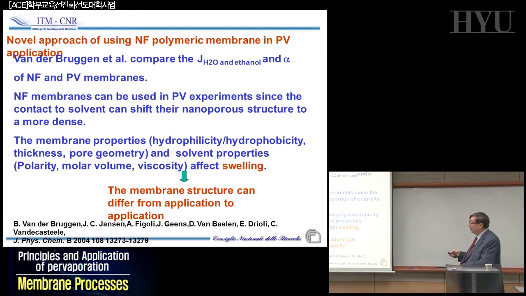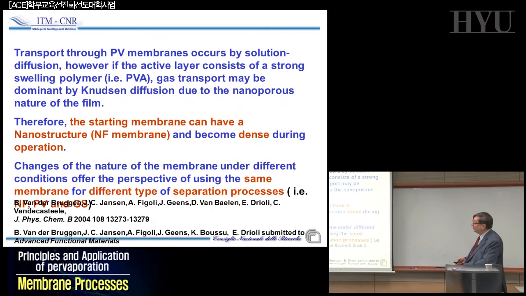So this was initially just an academic curiosity. Today it is no more. You can produce a membrane that works in real separation, utilizing nanofiltration membranes interacting with some of the solvents that are present in your system and that you are interested in.